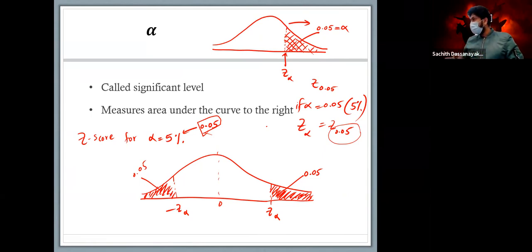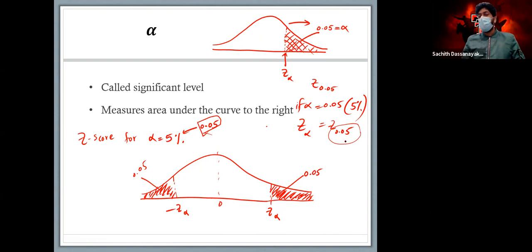So to find that, you can use these two ways. As I mentioned here, you can simply go to the 0.05 area in table 1 and find the corresponding z value. Definitely it is a negative value. Clear?